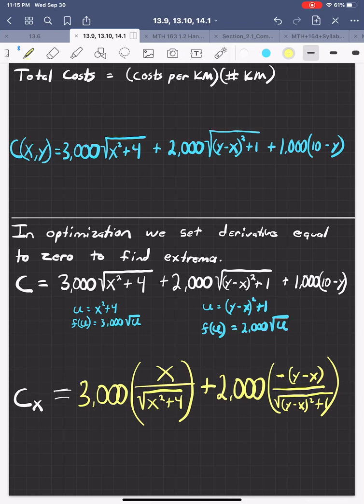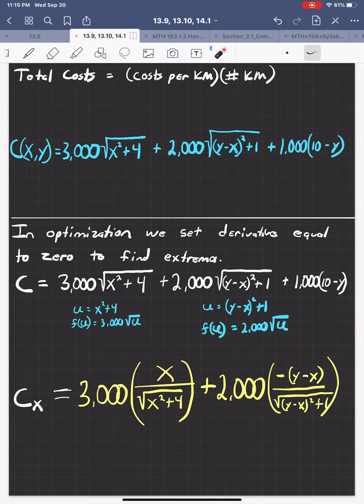Now, I understand that you might have to pause the video, if you're like me, and make sure that you can get from here to here. I get that. So feel free to do so. But this little part here, why I factored out a negative, you will understand in just a little bit, okay?